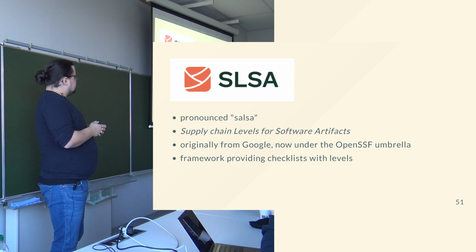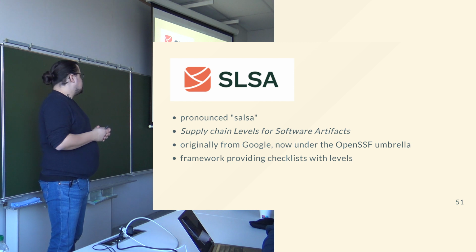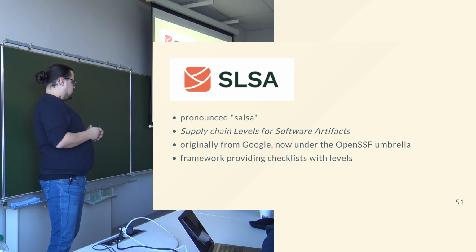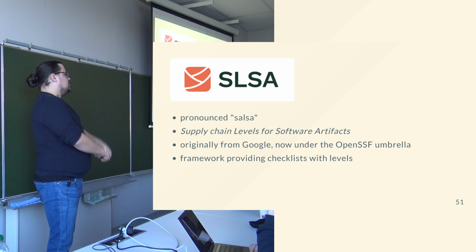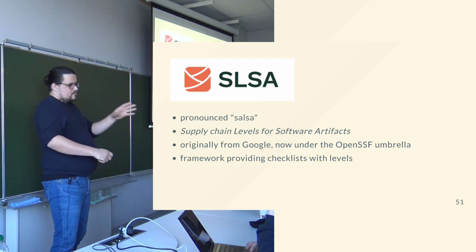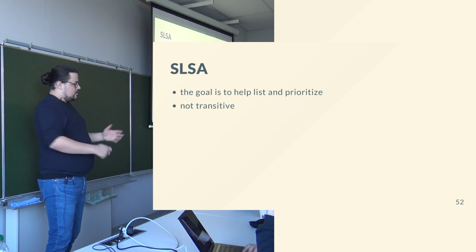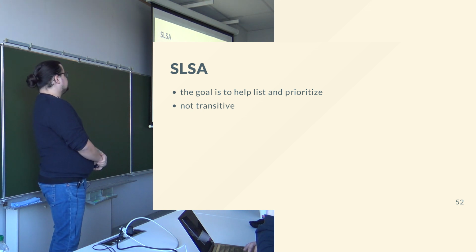It provides basically checklists and levels that allow you to identify where you are in terms of supply chain security. That allows prioritizing important stuff and then moving towards more security. So the goal is to help list the problems and fix them in the right order.